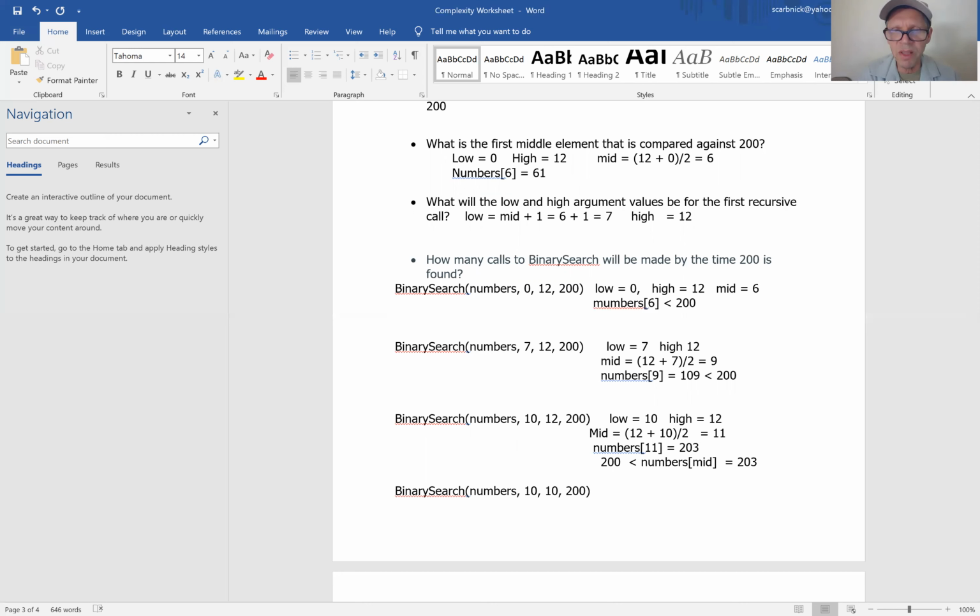The mid was 11, so the high now becomes 10. And now obviously the mid is 10 because of the average, and numbers of 10 is 200. So we found that.